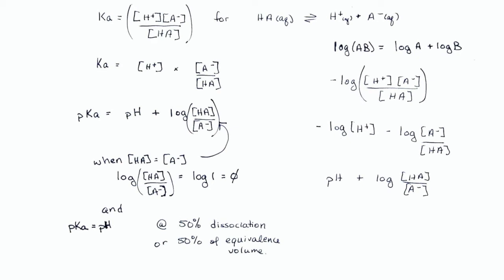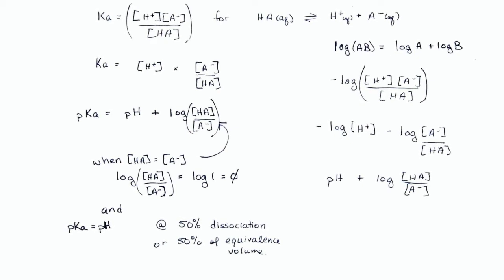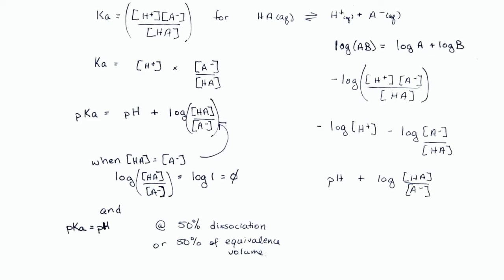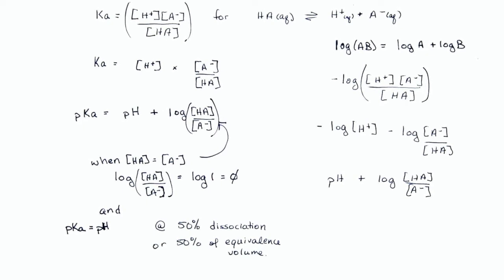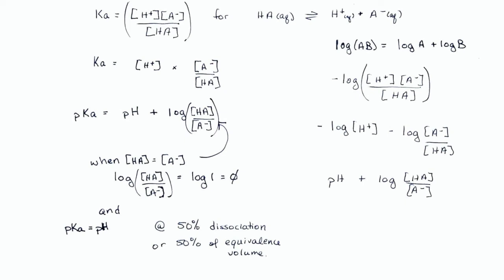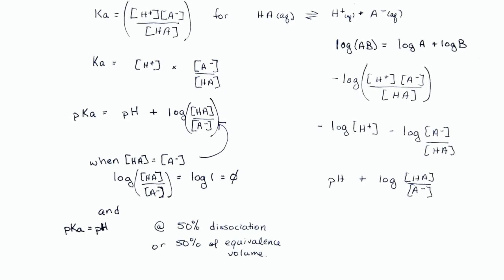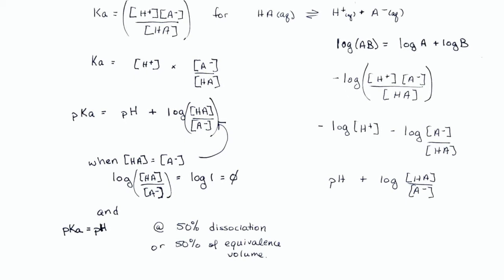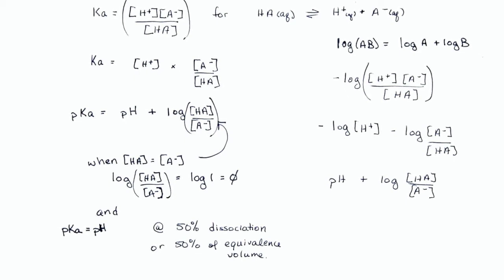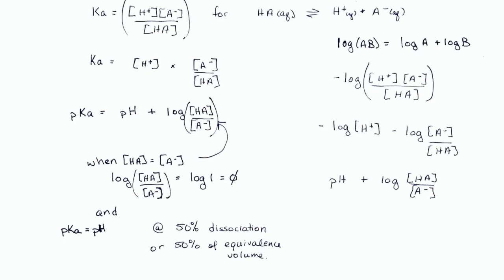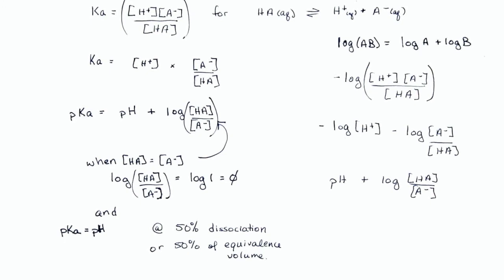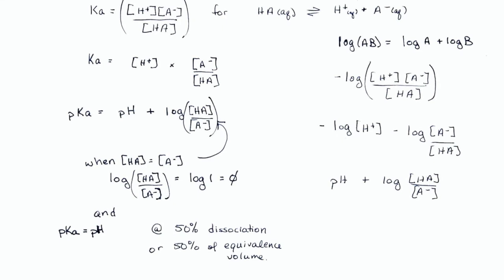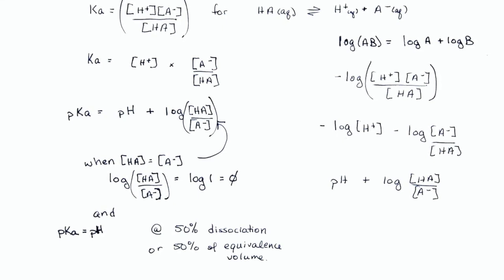If you want to look at how we derived these logs, you can look on the right-hand side. But the long and the short of it is that we have the log of the acid over its conjugate base. And when those two things are equal, we're at 50% dissociation. We're also at 50% of the equivalence volume. When those two things are equal, that means you have the log of 1, and the log of 1 is equal to 0.